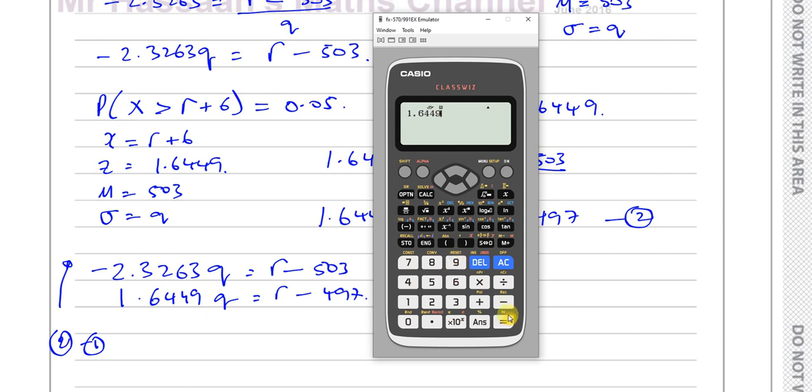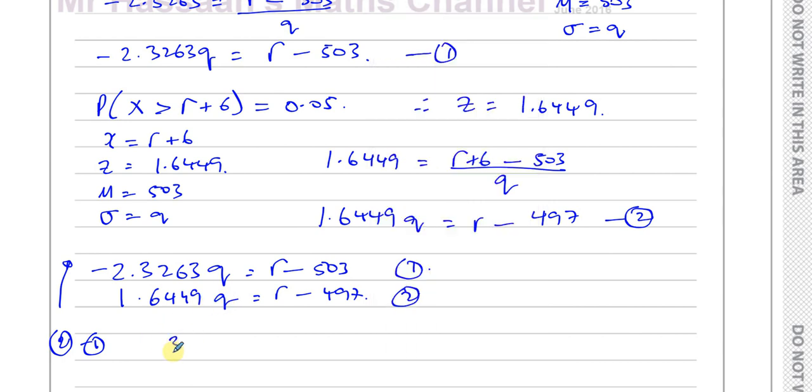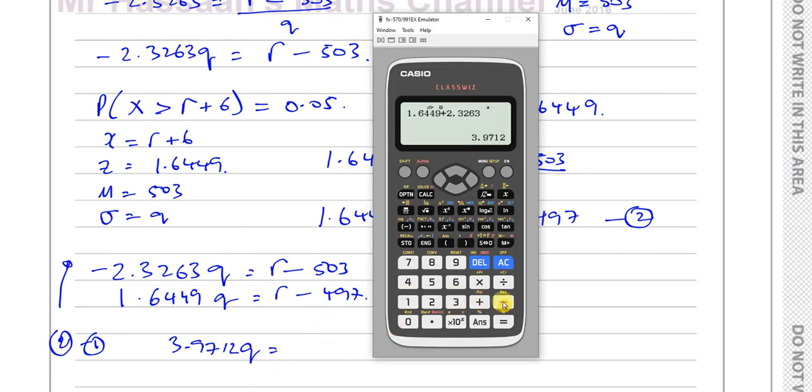So we have 1.6449 minus minus 2.3263, which is plus 2.3263, which gives us 3.9712 times Q equals, the R's cancel out when you subtract, and you're left with minus 497 minus, which is plus, 503.